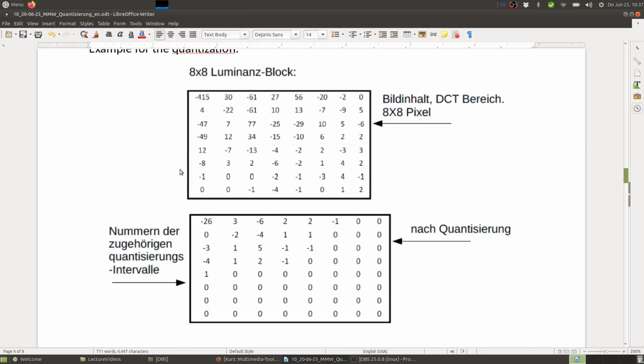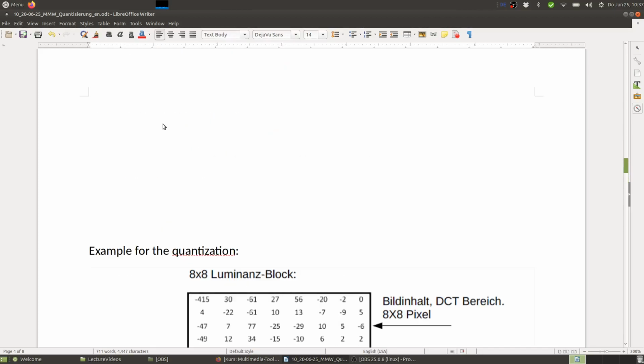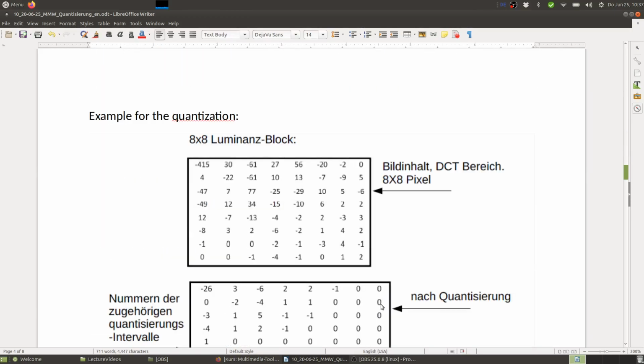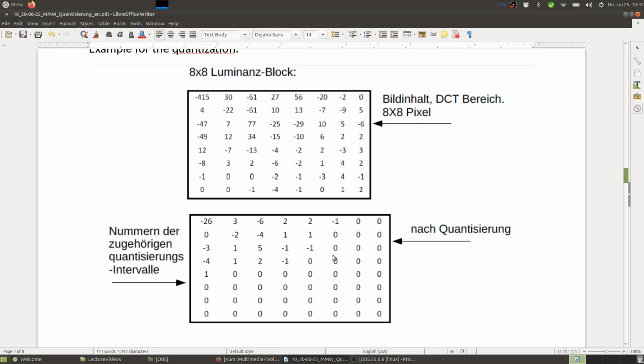So after quantization, to obtain the quantized values or the quantization indices, we just take this block and divide it by the corresponding quantization matrix, like this one here, element-wise division, and then we get this as an example.